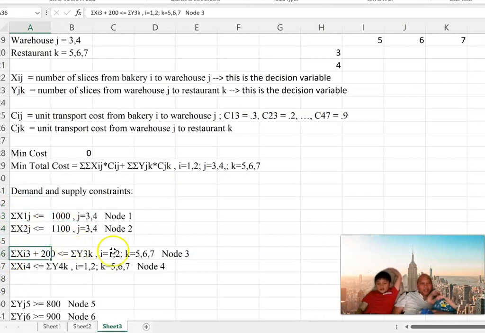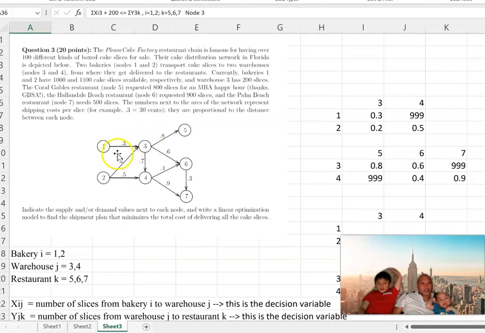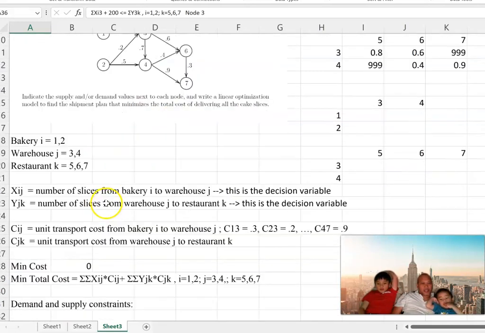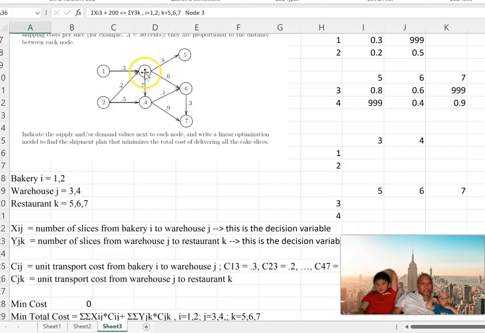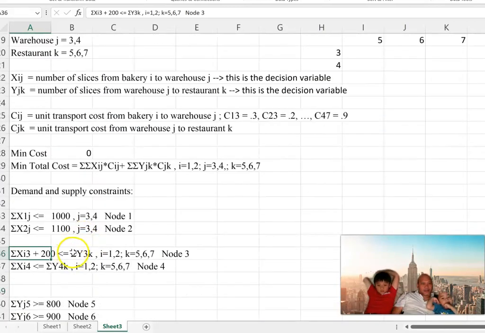This one says that what comes out of node 3 is Xi3 plus 200. Xi3 is everything that goes into 3, plus the current 200 that it has, and this must be less than or equal to everything that comes out of 3, going to K. The same logic applies here: everything that goes to 4 is less than or equal to everything that goes out from 4.